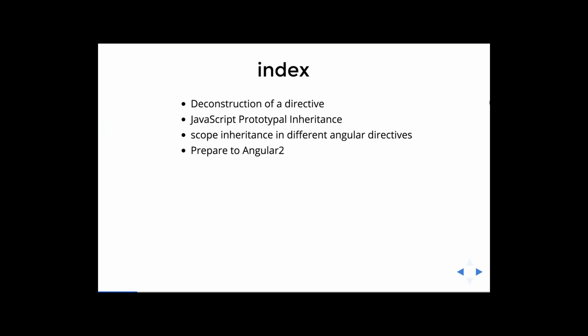Then we're going to explain why JavaScript prototypal inheritance is so important. Finally, we're going to check how this inheritance works on the different Angular directives. And then we're going to talk about how to prepare ourselves for Angular 2, because this is important.